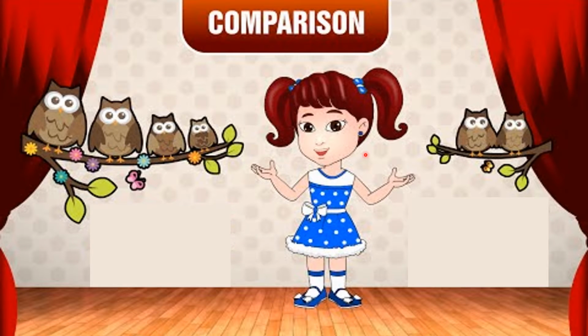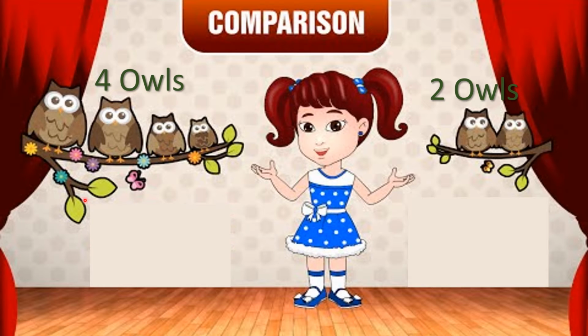Here you can see a girl and on her both sides we can see owls. On her right hand side there are 4 owls and on her left hand side there are 2 owls. Right? Come on, tell me which are more in number, these or this?